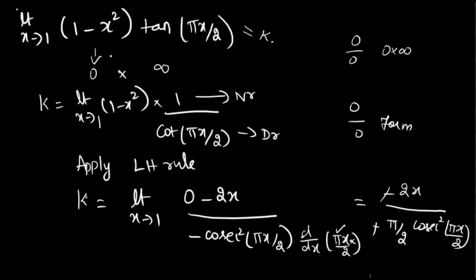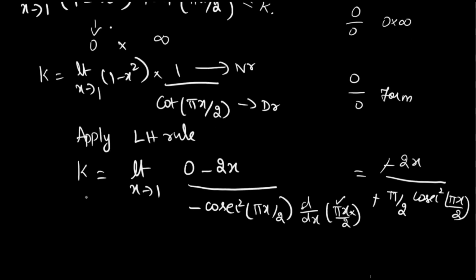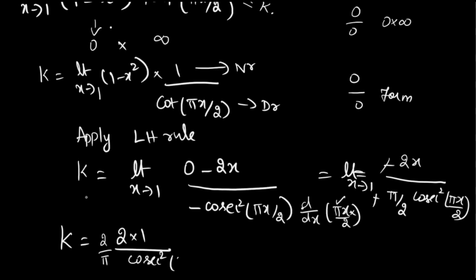And if you try to apply the limit for this term, that is k is equal to limit x tends to 1. If I apply x as 1, 2 into 1 by pi by 2 will come to the numerator as 2 by pi, and cosecant square(pi by 2), because we have substituted x as 1. Numerator you will get 4.